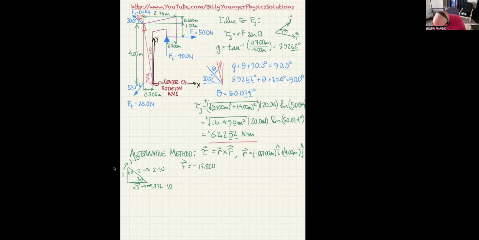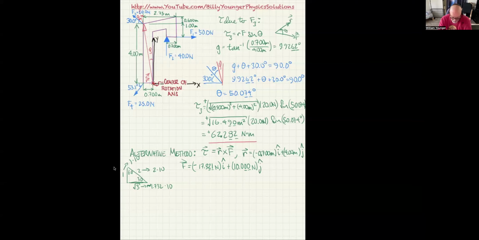The square root of 3 is 1.7320, and the next digit is 5, so I'd put a 1 there. So that's 17.32 newtons. That's the x component, so I write it with i hat. And then the y component is going to be 1 times 10, and it will be positive. So that's 10.000 newtons in the j hat direction.